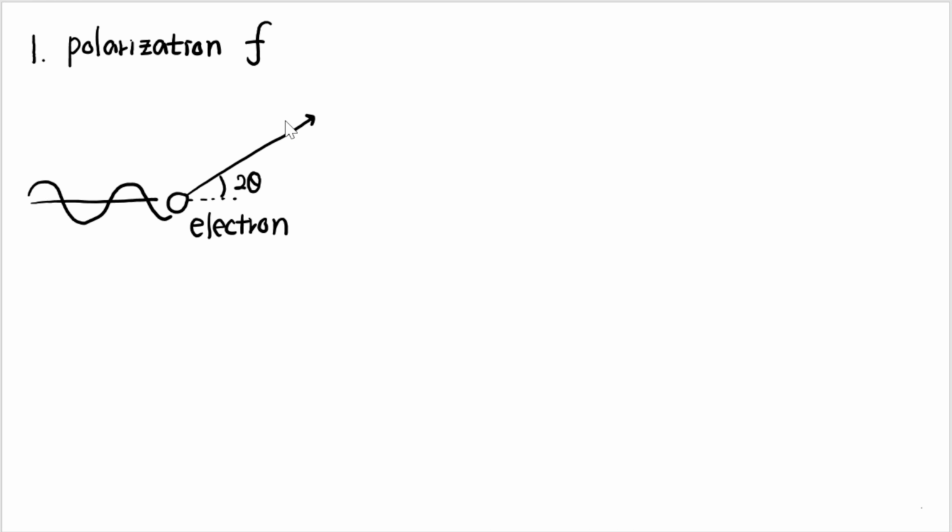Intensity cannot be measured right after the electron. It's impossible. So there's a certain point away from the one electron. Let's say this is P. At position P we can find an X-ray detector. So that's why intensity should be coming from the P position.